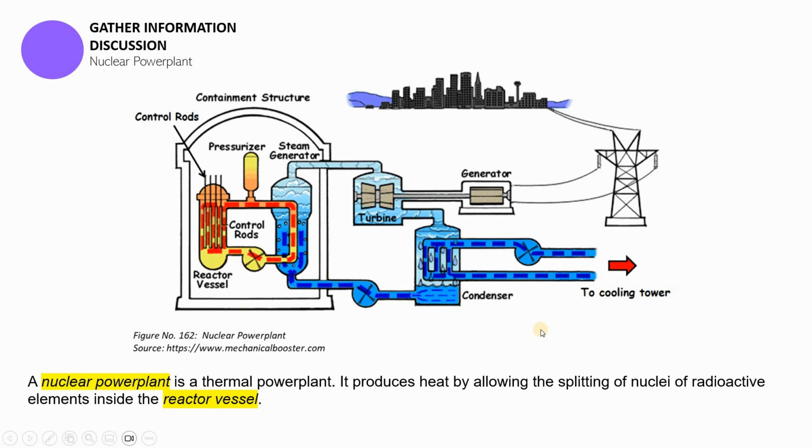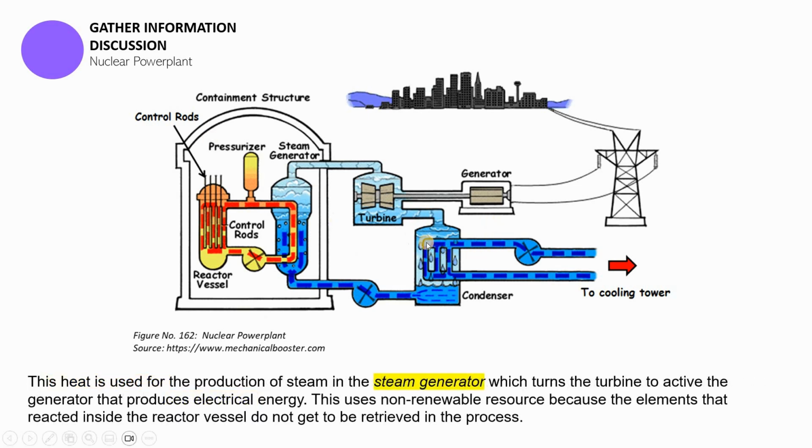We know that atoms were believed to be indivisible before, but they actually could be split, and splitting them will generate a lot of energy, a lot of power, and that is what we are using in this setup of a nuclear power plant. The heat is used for the production of steam in the steam generator, which turns the turbine to activate the generator that produces electrical energy.